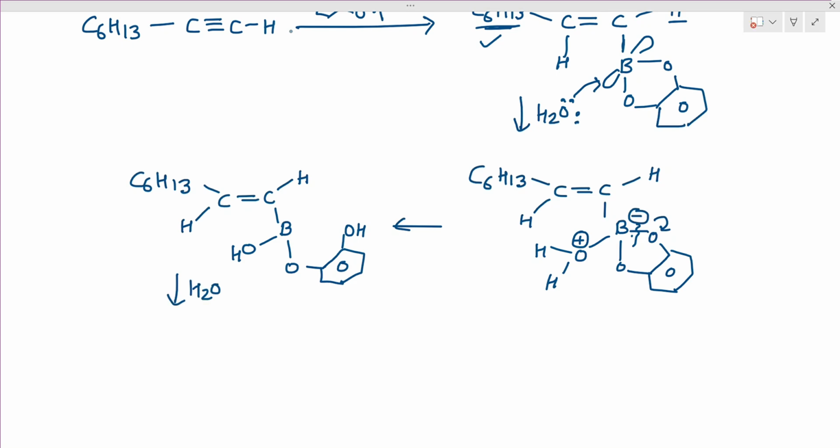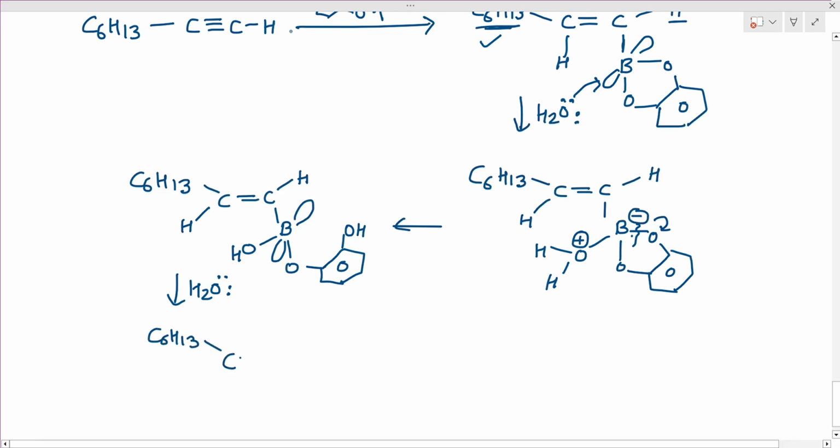Because there is water present and there is electron density. This is a vacant orbital and there is electron density, so it will again attack. Okay, so the same reaction will again happen. You can do it yourself. In the ultimate step, you will get C6H13, C double bond C, H, H, and here you will get B(OH) whole twice.